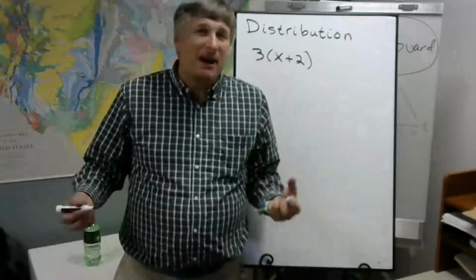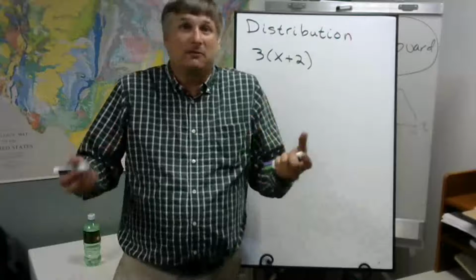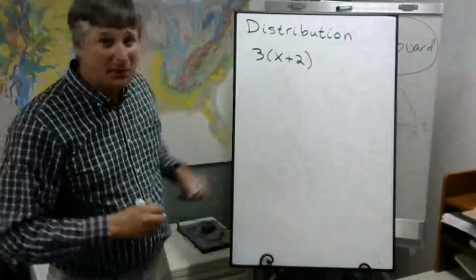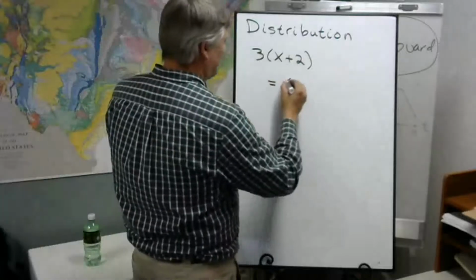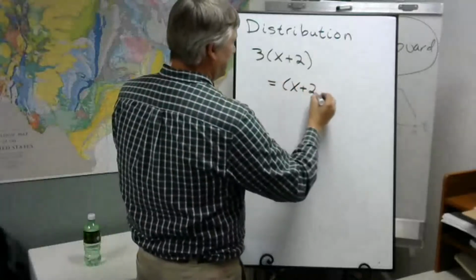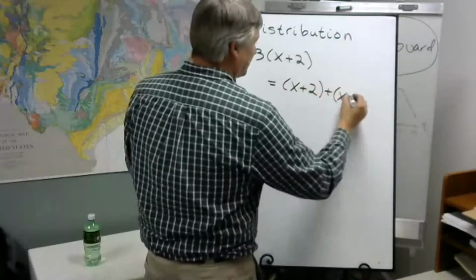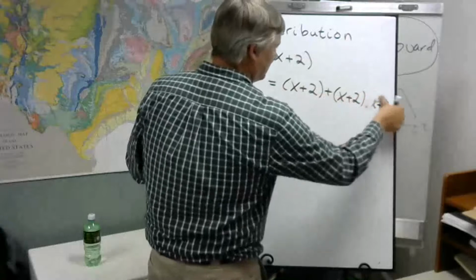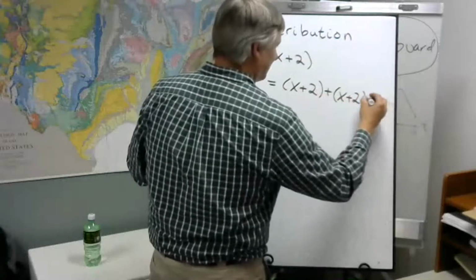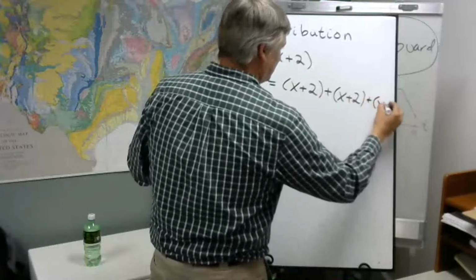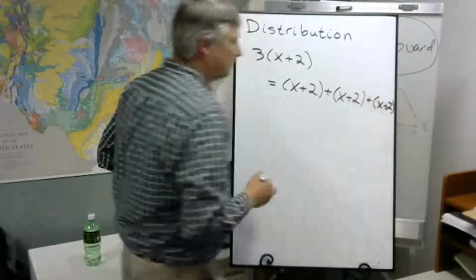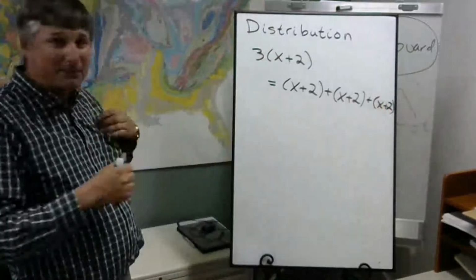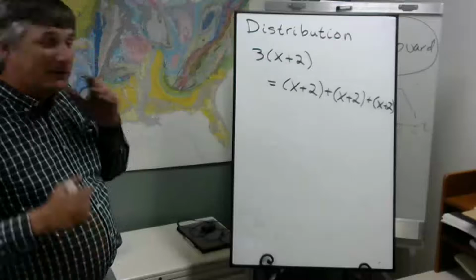Well, that means you add 3 5s together. So in this case, we're going to add 3 x plus 2's together. Addition. So what happens here, we're going to use a trick.